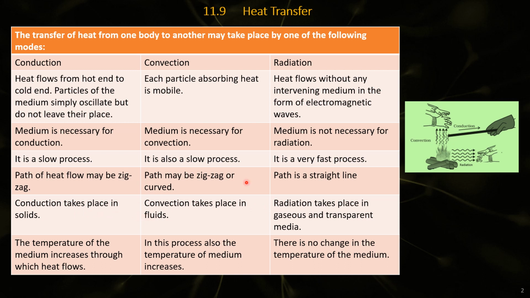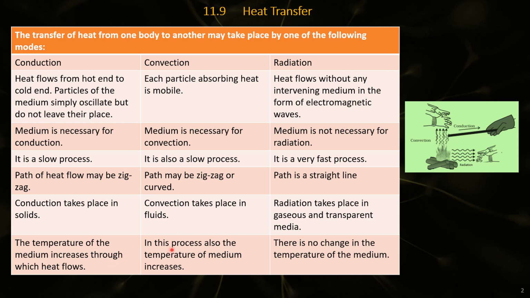Conduction takes place in solids. You see, there is a rod through which the conduction is taking place. Convection takes place in fluids. Convection flows through the fluid, whereas radiation takes place in gaseous and transparent media. In conduction, the temperature of the medium through which heat flows increases.